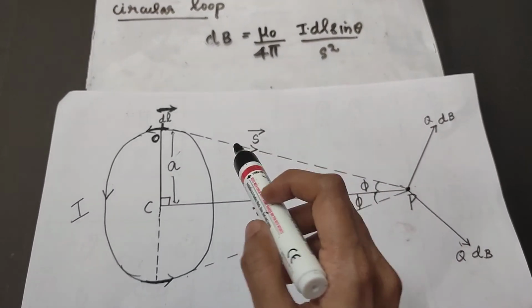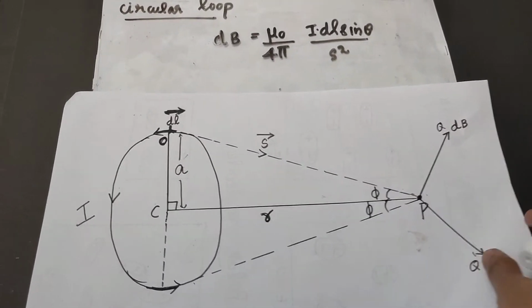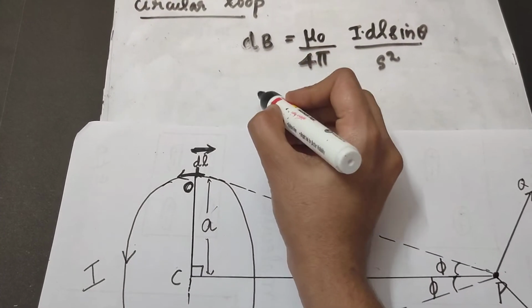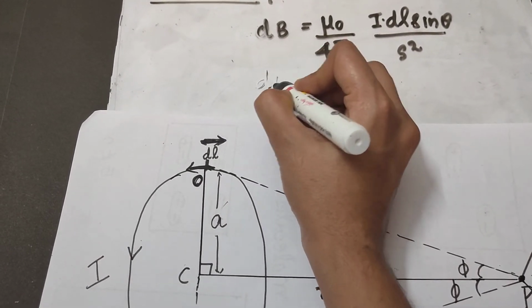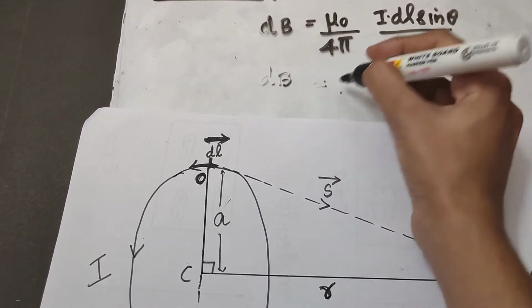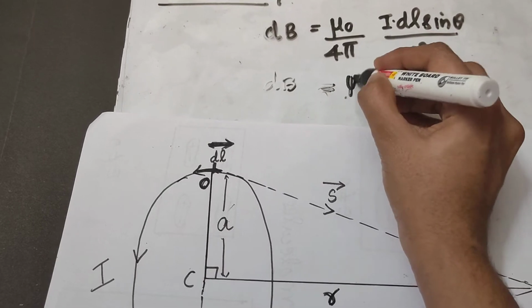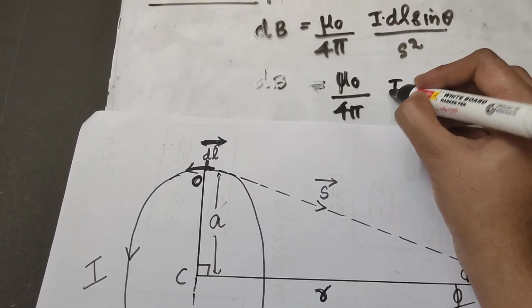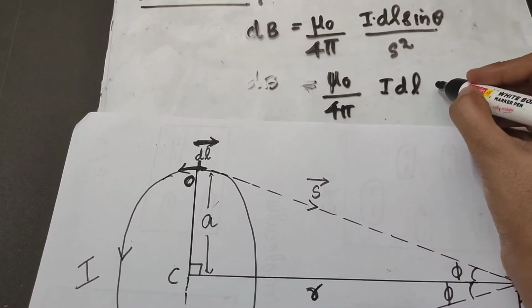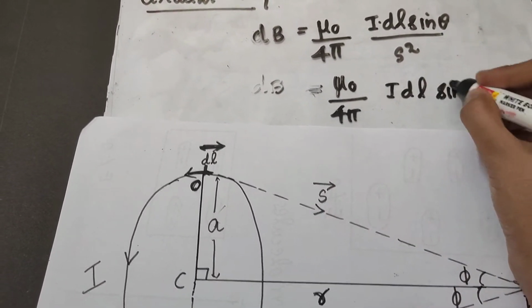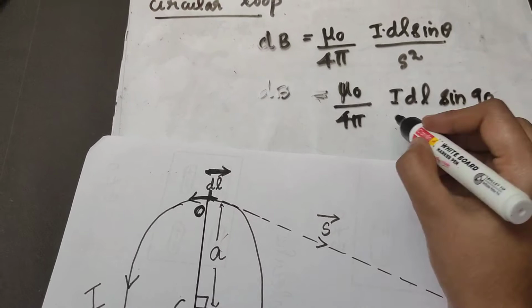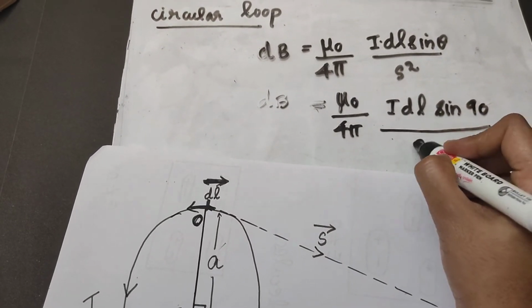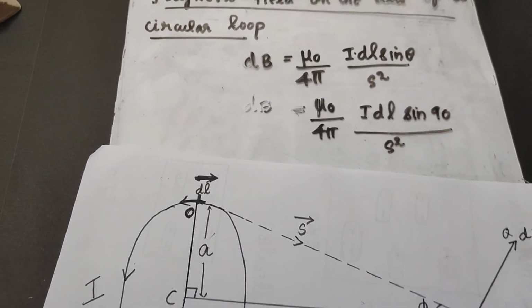So dB will become, dB is equal to mu 0 by 4 pi I dl. Here the angle is 90 degree. So it is sin 90 divided by S square. We know sin 90 is 1.